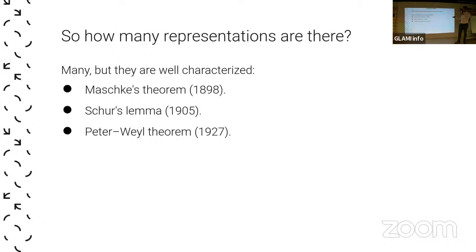Because there's this sequence of theorems that I think everybody who attended some theory of groups and representations saw, and that's Maschke's theorem, which says, for finite groups, you can always find irreducible representations of the group. There's Schur's lemma, which says if you have an irreducible representation on some subspace, it's unique. You cannot find another one.